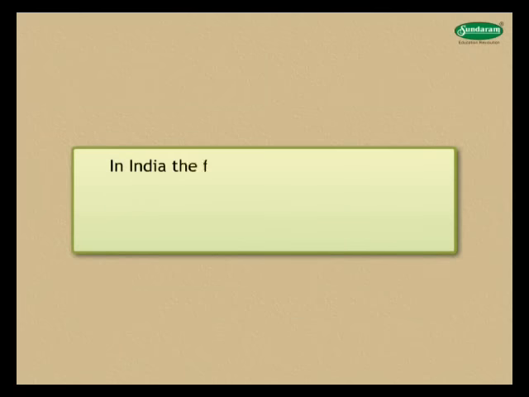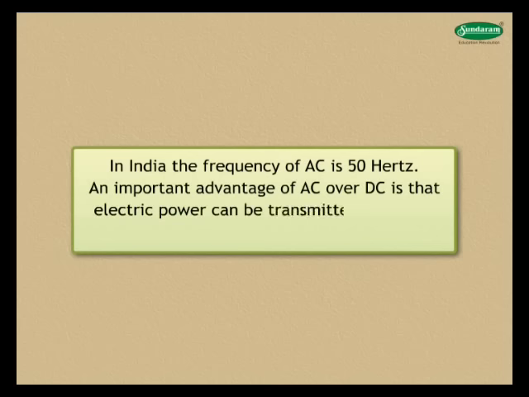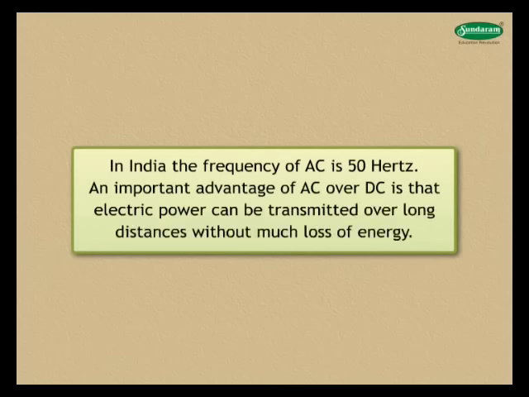In India, the frequency of alternating current is 50 Hz. An important advantage of alternating current over direct current is that electric power can be transmitted over long distances without much loss of energy.